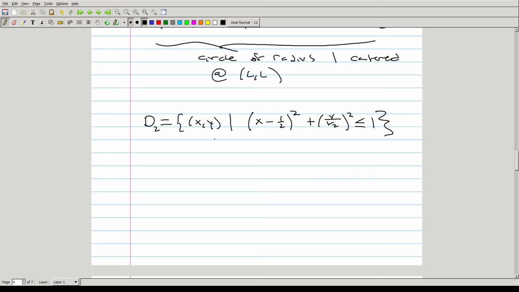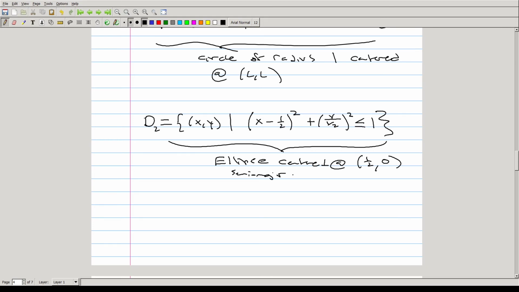This is an ellipse that's centered at the point x equals 1/2, y equals 0, with a semi-major axis of 1, or a equals 1 along x, and a semi-minor axis of 1/2 along y.